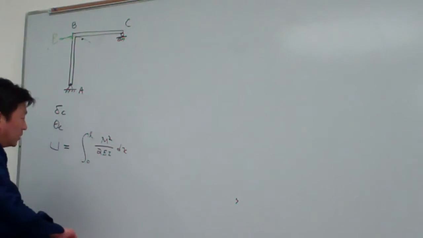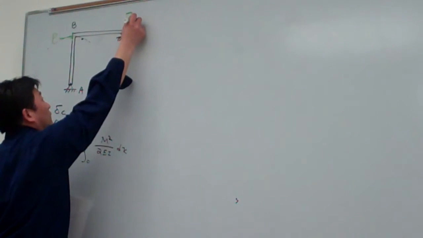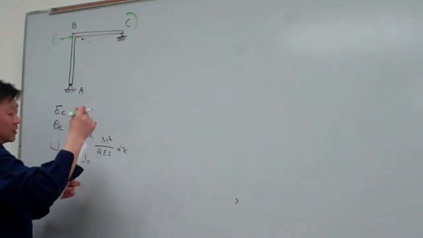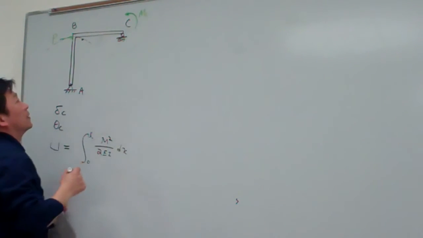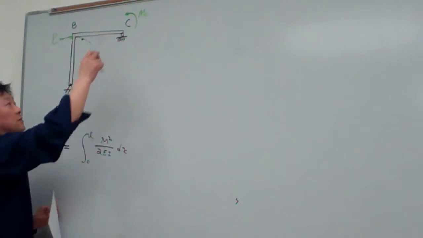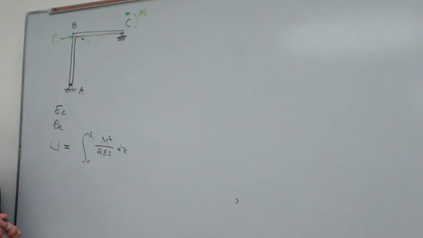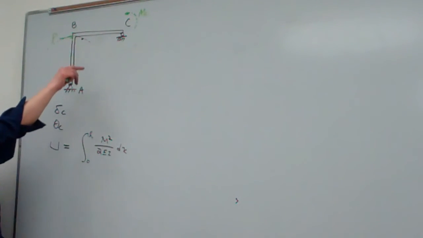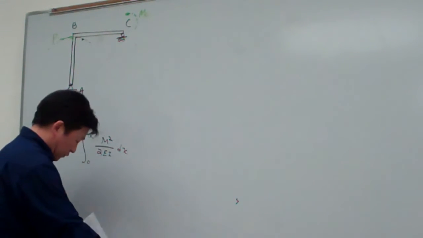So the second step is we assume a virtual loading, let me call it M_C, at C. This is a virtual loading, so in our calculation we have to set M_C equal to 0 at the proper step. That's the thinking process. So we have the two loadings, P and M_C, then we formulate the strain energy.